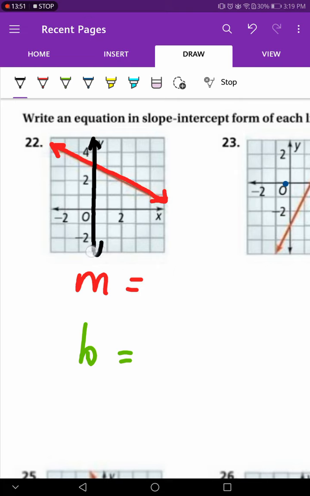Where, this is the question. The answer: b equals where the red line hits the y-axis, and as you see, it is at 1, 2, 3. Yes, the red line hits the y-axis here, and so b equal 3.